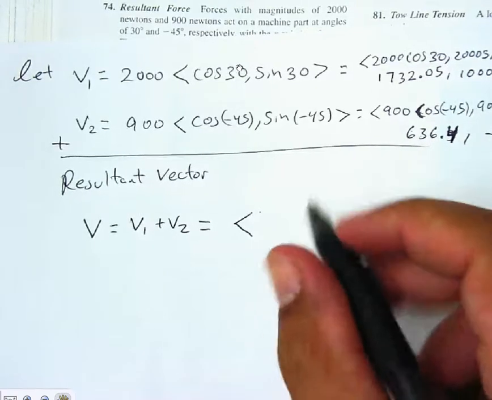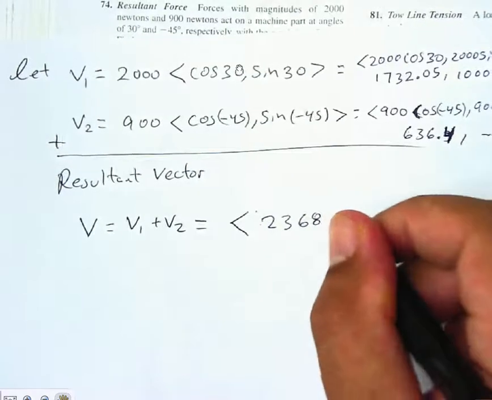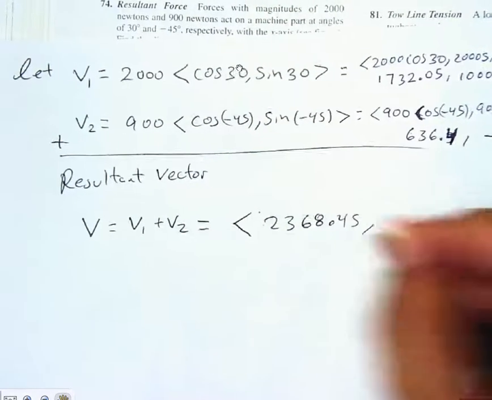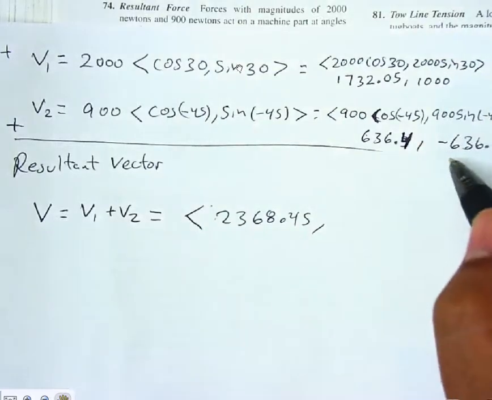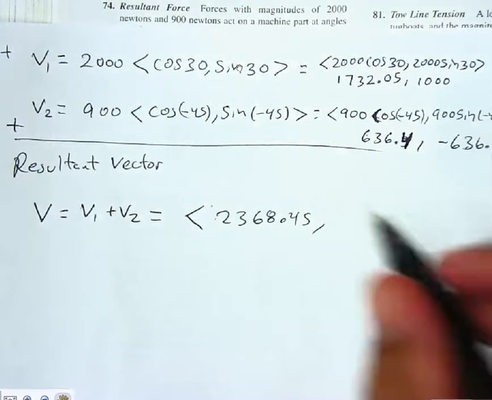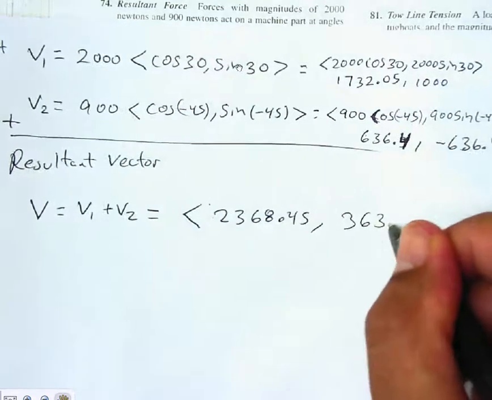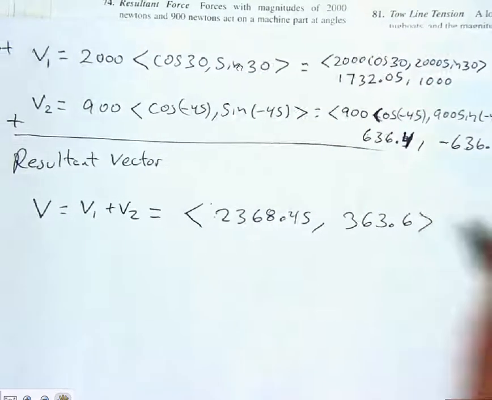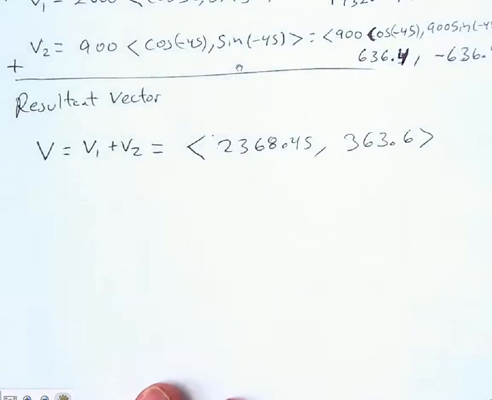Well, that is roughly 2368.45. Now let's do the vertical. 1000 plus a minus 636.4, which is roughly 363.6. Okay, so now we have an expression for the resultant vector.